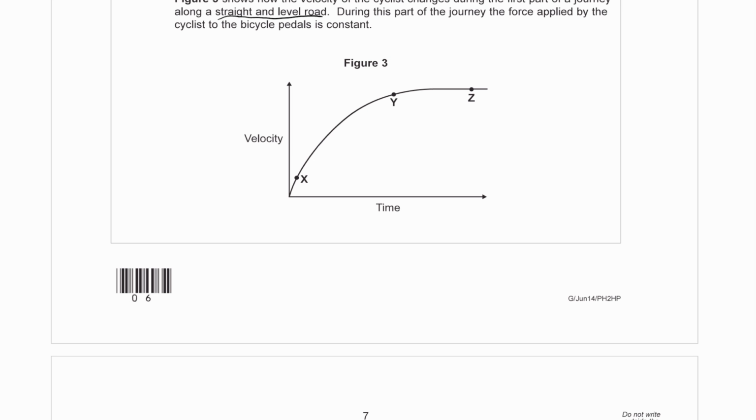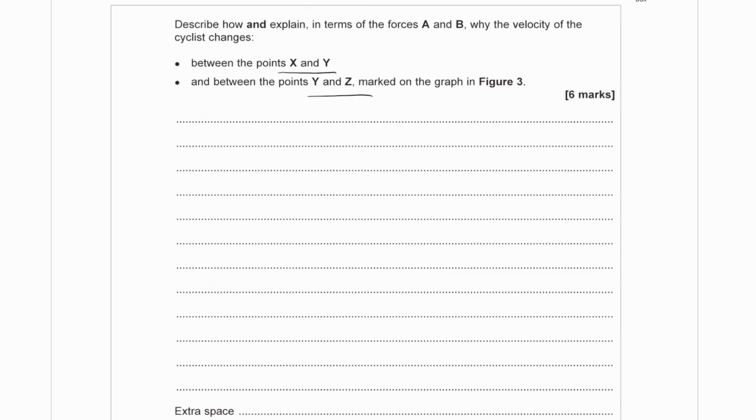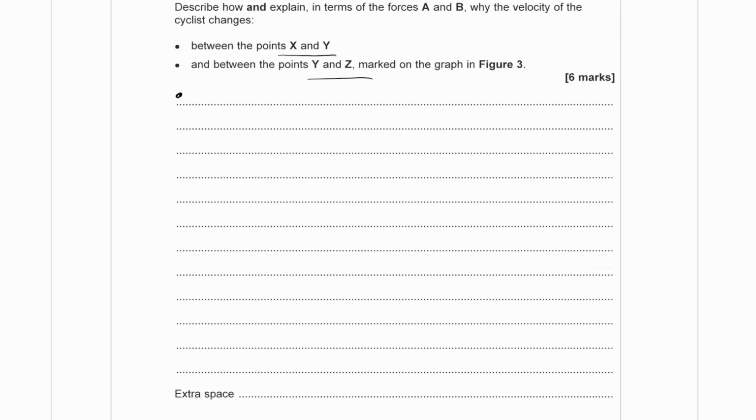So what I'm going to say to start off with is that initially there is no force B. Force B is your wind resistance.